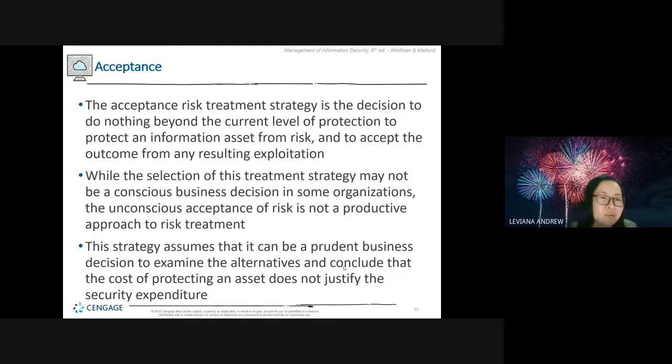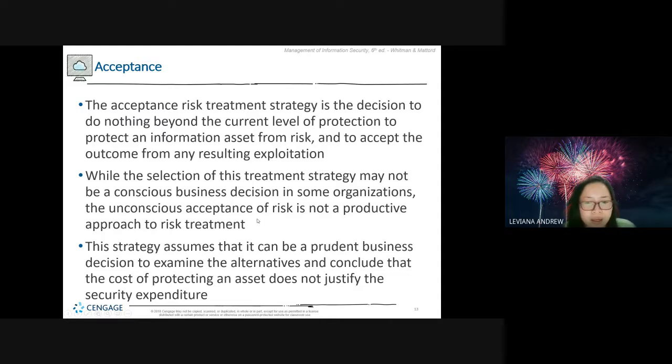So the fourth one is acceptance risk treatment strategy. This is the decision to do nothing beyond the current level of protection and to accept the outcome from any resulting exploitation. Maybe the risk does not affect the company so much, therefore the company accepts the risk, do nothing.